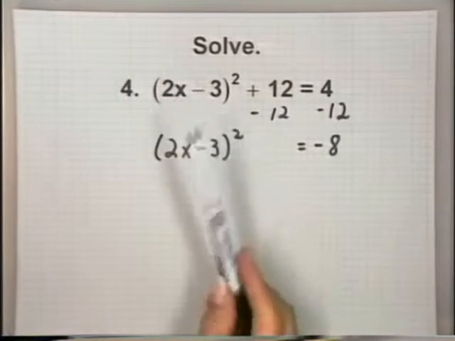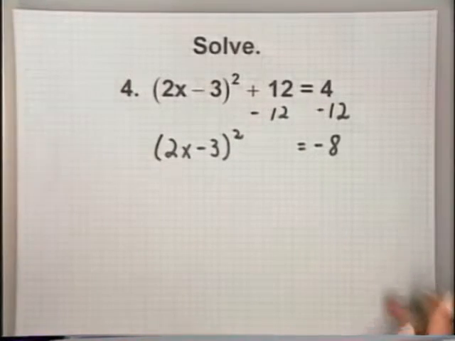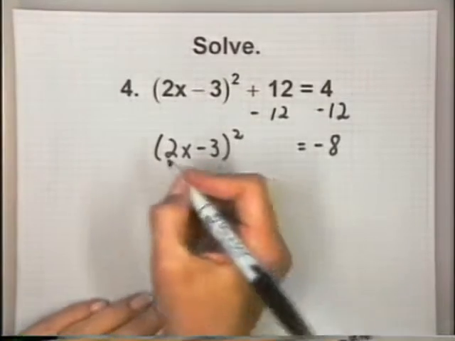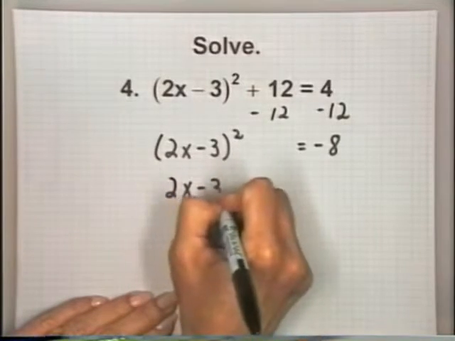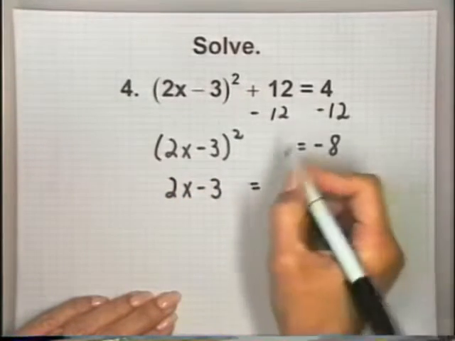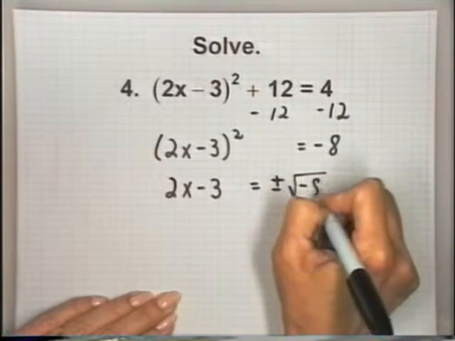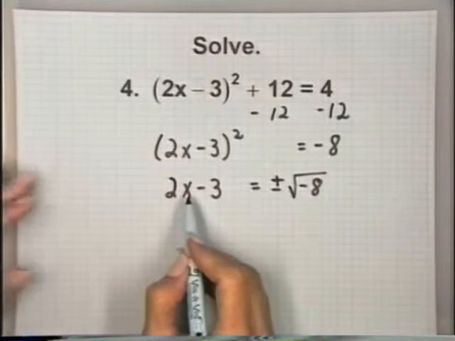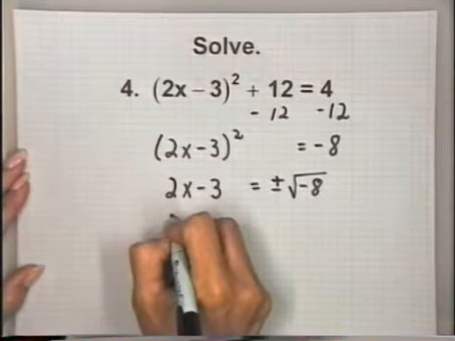At this point, when I have this quantity squared equals a constant, I will use my extraction of roots theorem that says that on the left I get 2x minus 3, and on the right I have plus or minus the square root of negative 8. Now I need to solve for x, but before I do, I'm going to simplify the square root of negative 8.